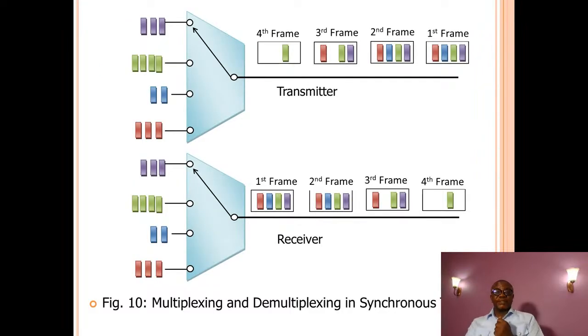Let's quickly look at it. Now, this is our Fig 10. The upper is the transmitter, the lower is the receiver. Now, if you look at the upper one, you see frame 1, frame 2, frame 3, frame 4. And when you look at them closely, in frames 3 and 4, you see spaces. But let's see what happens in the synchronous TDM.